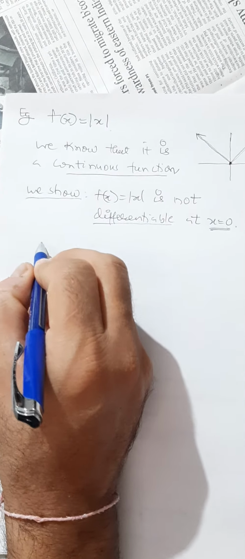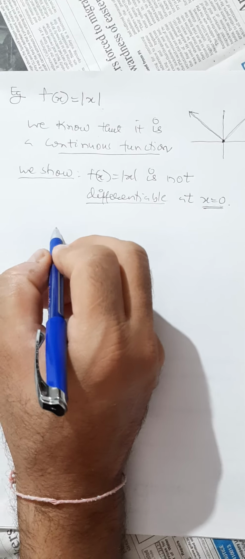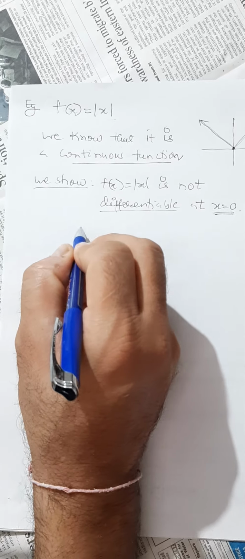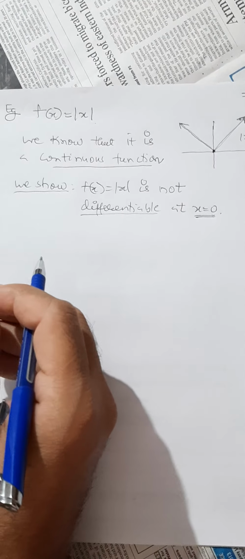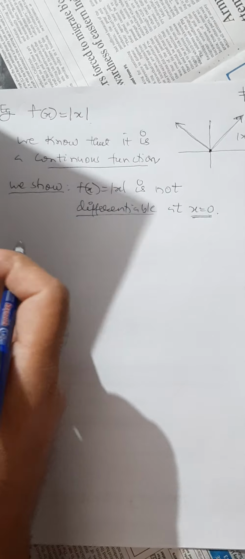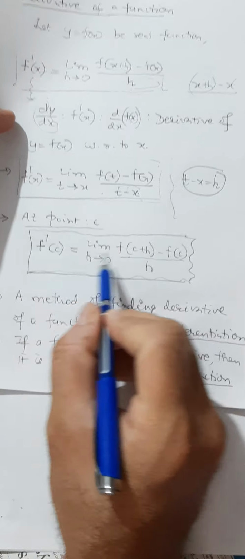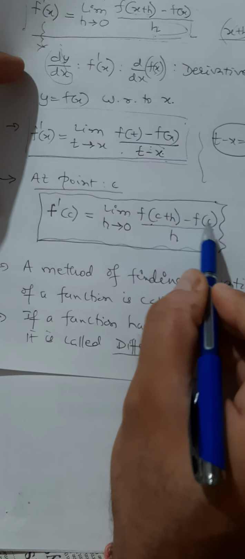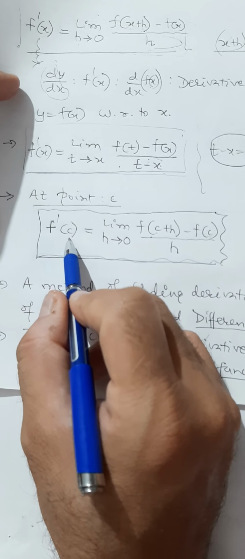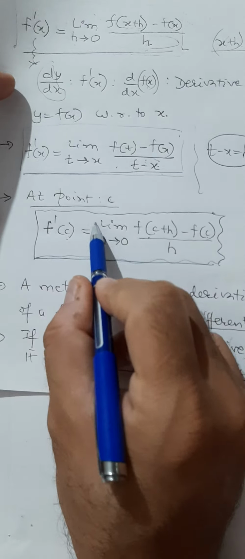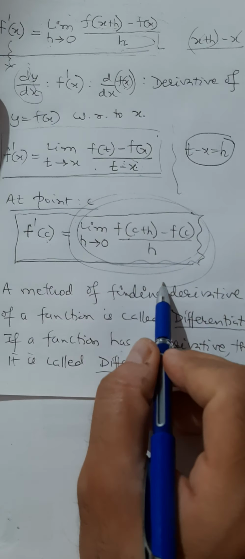Okay, so we find this limit here. If you recall, I'll use this formula at 0. I'll put 0 here, 0 here, 0 here. We are finding the limit at 0. We want to show that f dash 0 doesn't exist. So I'm writing this limit and we'll show that this limit doesn't exist.